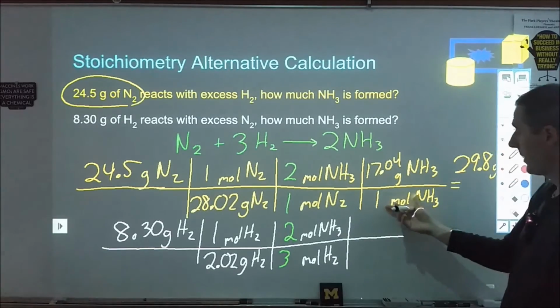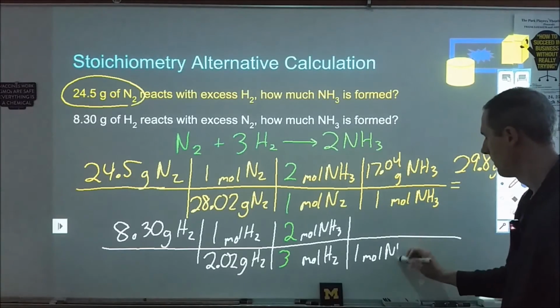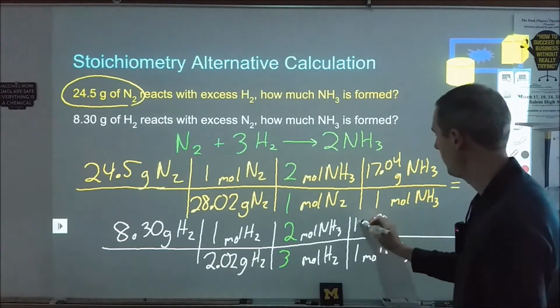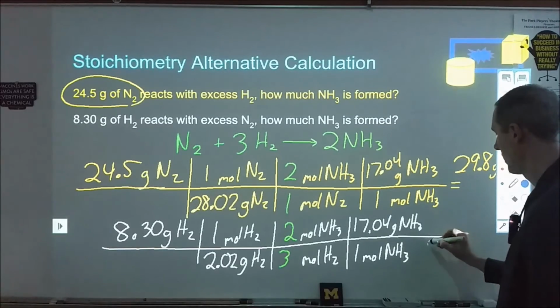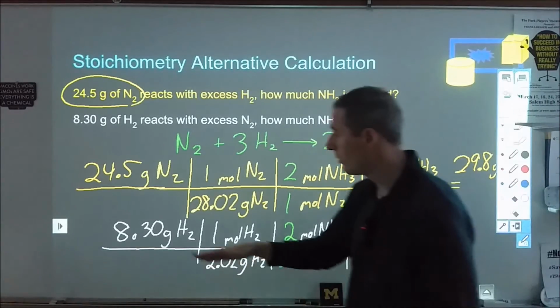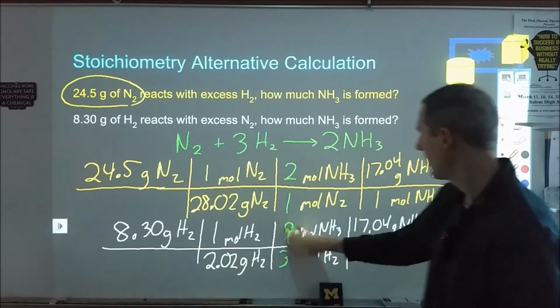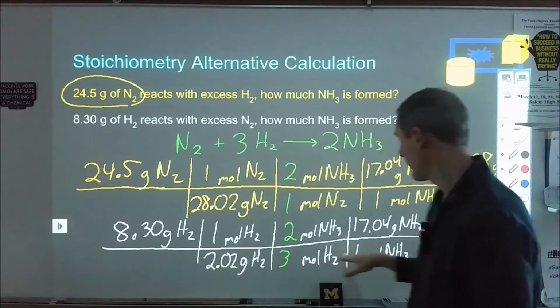Okay, and then our last step, we can go ahead and copy off here for the most part. We're changing 1 mole of ammonia into grams, 17.04 grams of ammonia. So again, what we do is we would now go through and say 8.3 times 1 times 2 times 17.04. We divide that answer by this times this times this.